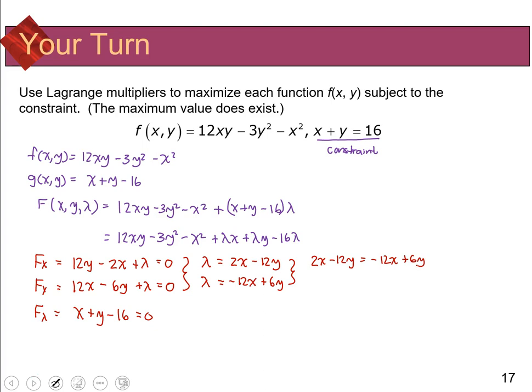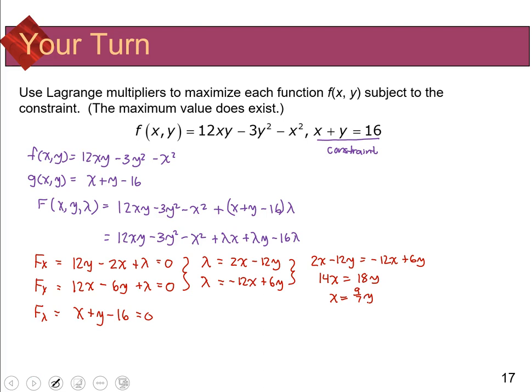If I add 12x to both sides and add 12y to both sides, I get that 14x equals 18y. And I could say, solving for x, divide both sides by 14. 18 over 14 reduces to 9 over 7, y. So now I have one variable in terms of the other.